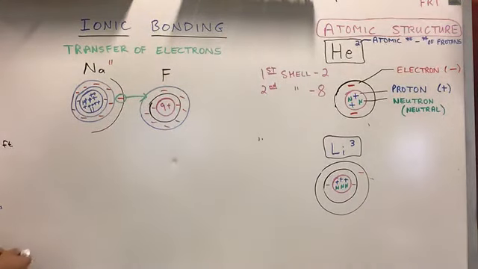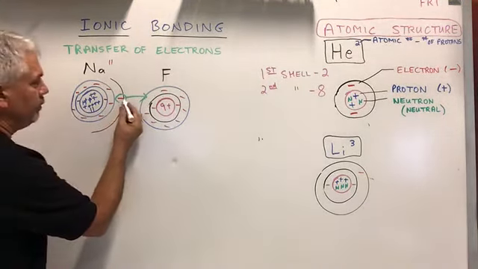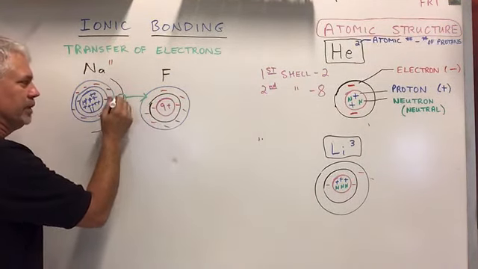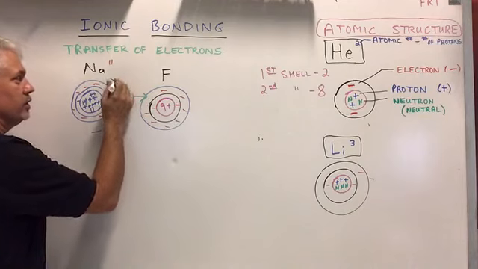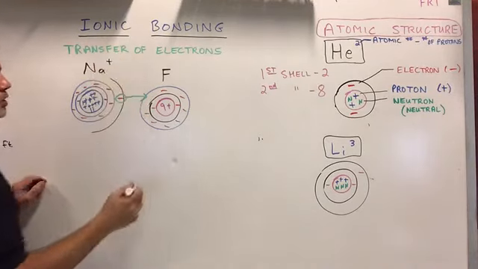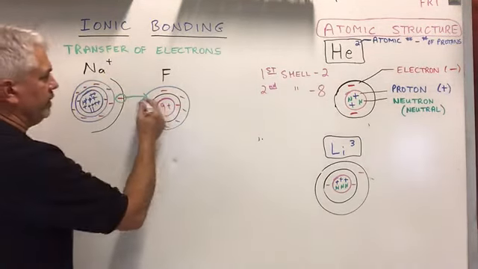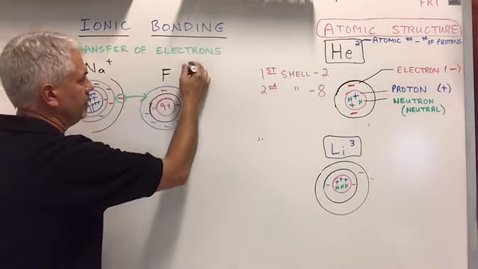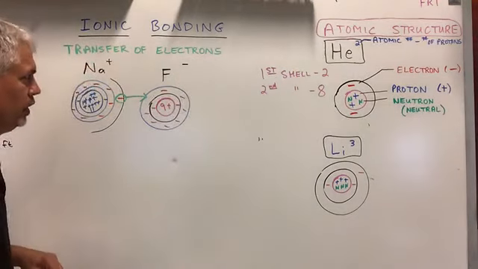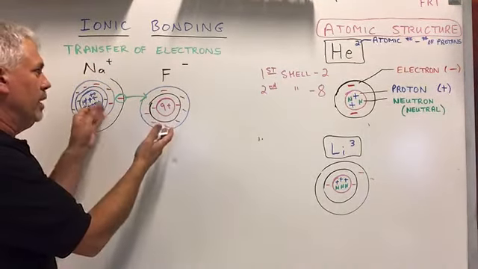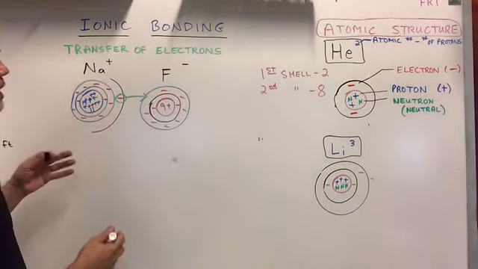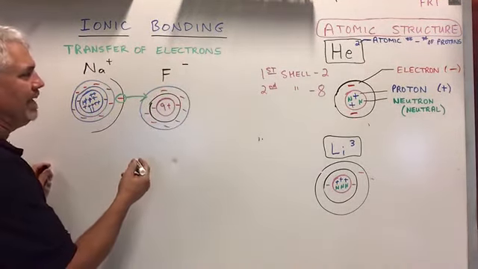So in the process of the sodium giving up 1 electron, it becomes slightly positive because it lost a negative. So it technically becomes a positive 1 charge, while the fluorine gaining the electron becomes slightly negative and becomes a negative 1 charge. So while they become slightly positively charged and slightly negatively charged, they are essentially becoming ions.